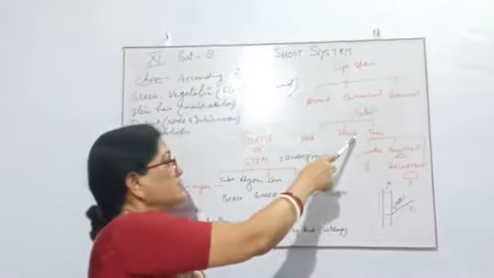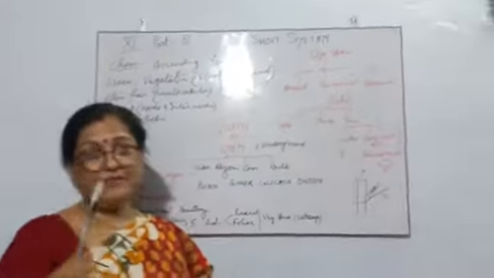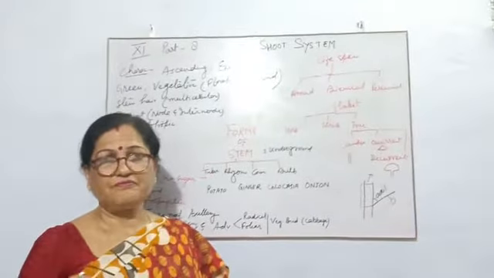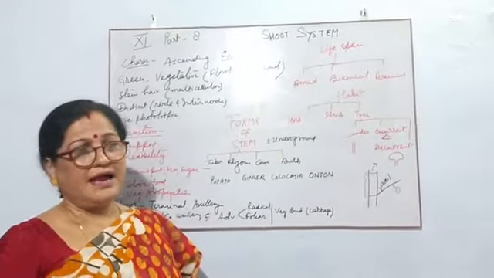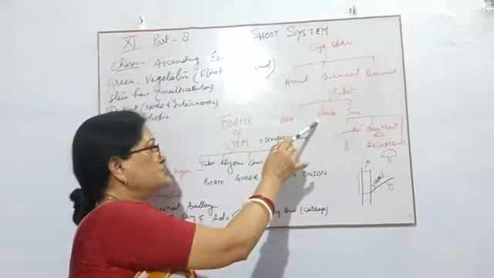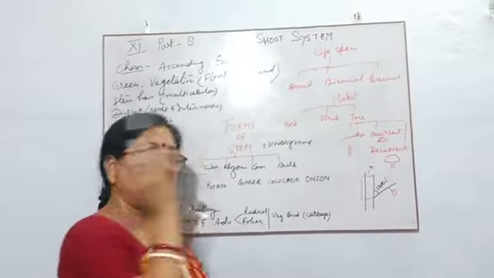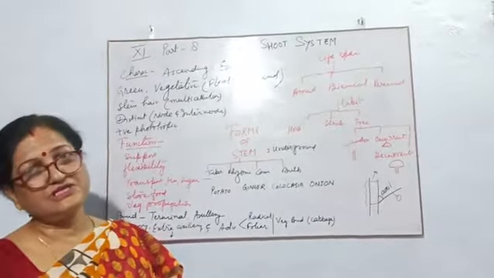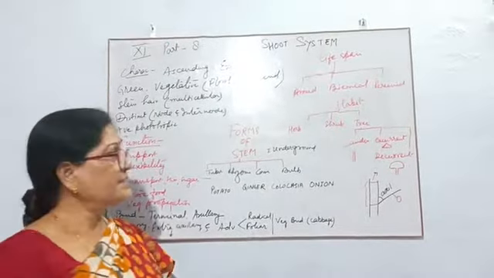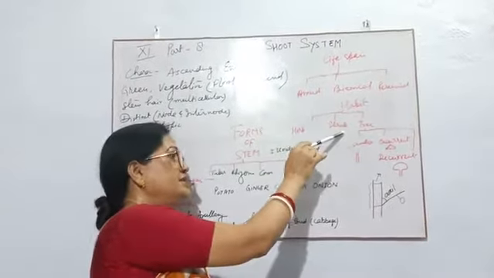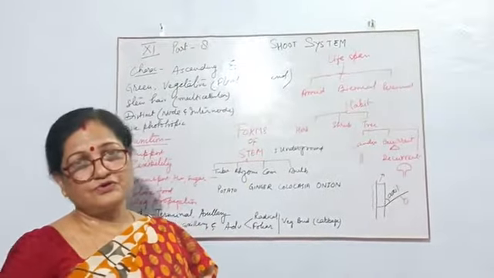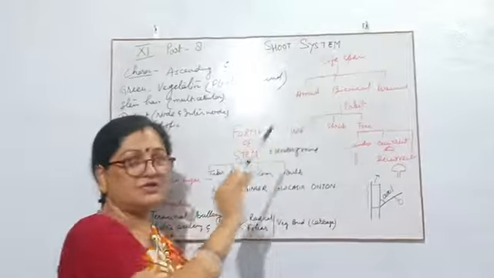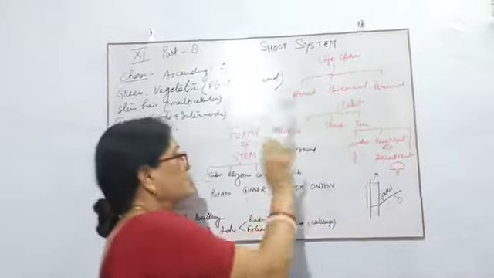These are the shrubs. And most shrubs are used in fencing. Shrubs have a woody stem, so they have lenticels for respiration, and the green areas help in photosynthesis. But these green areas are present in the leaves, not in the stem. So these are the shrubs.